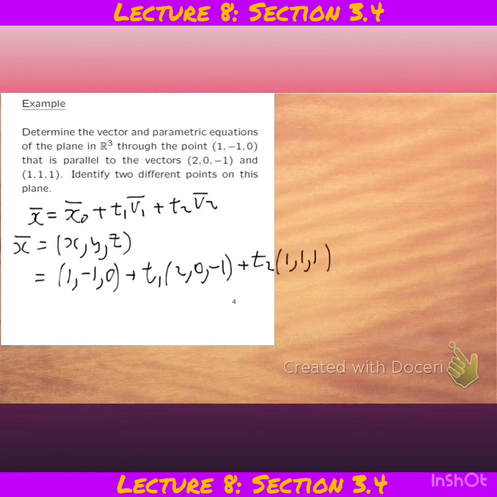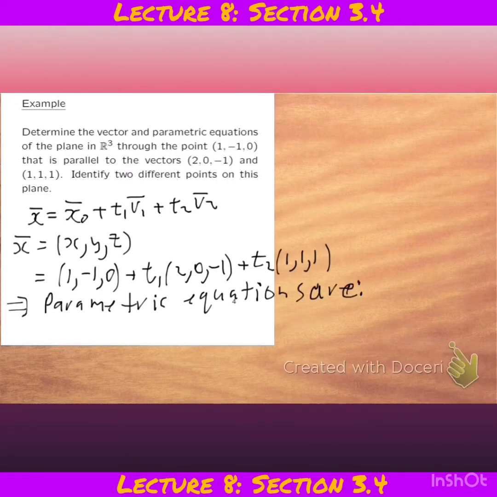Okay, so the parametric equations are: x is 1 plus 2t1 plus t2. y is minus 1 plus 0t1 plus t2.